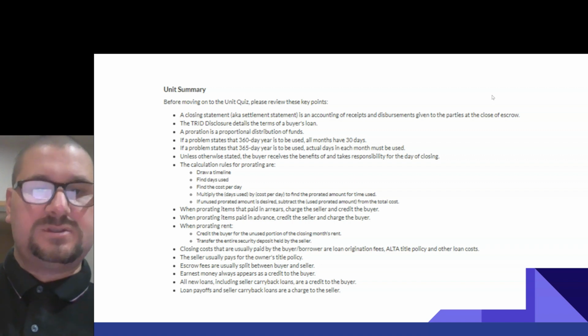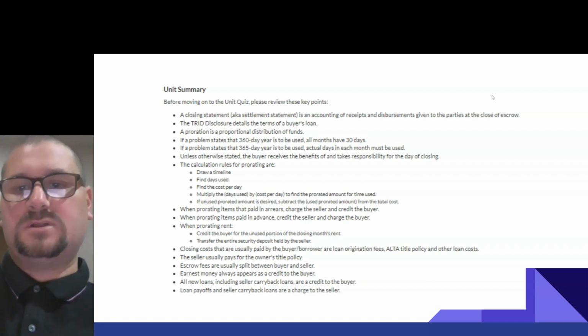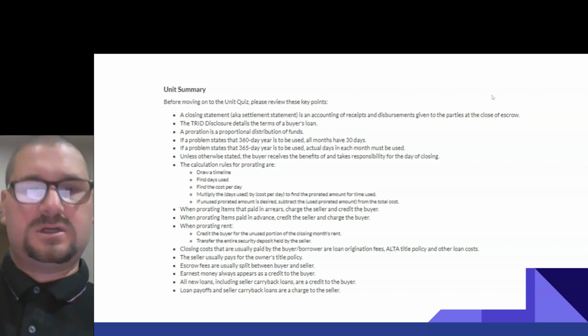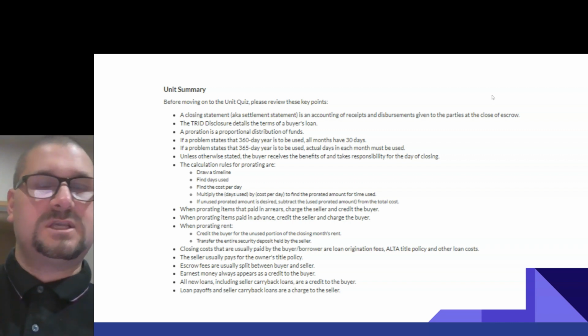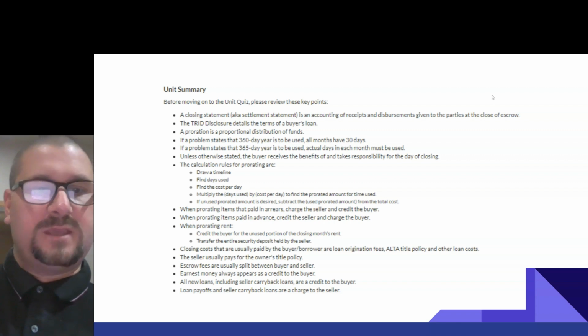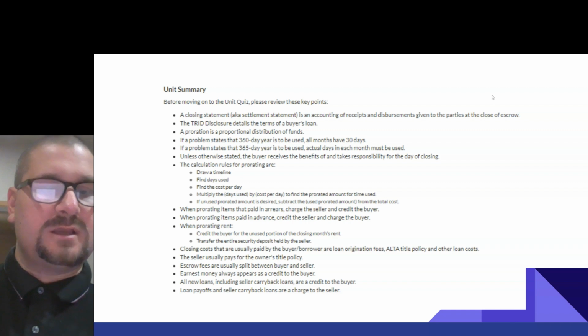Closing costs that are usually paid by the buyer or the borrower are loan origination fees, ALTA title policy, and other loan costs. The seller usually pays for the owner's title policy. Escrow fees are usually split between the buyer and seller. Earnest money always appears as a credit to the buyer.